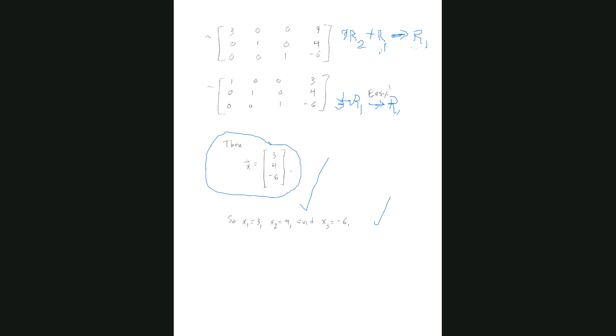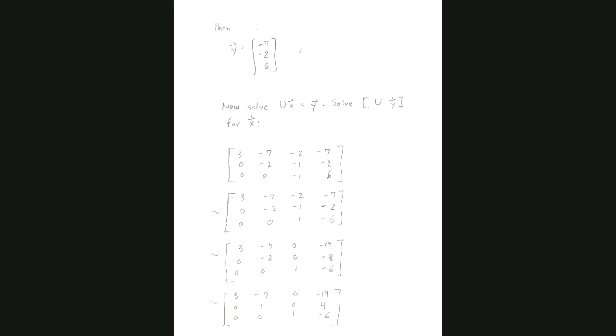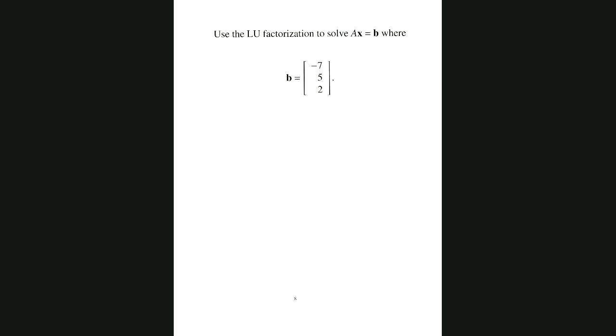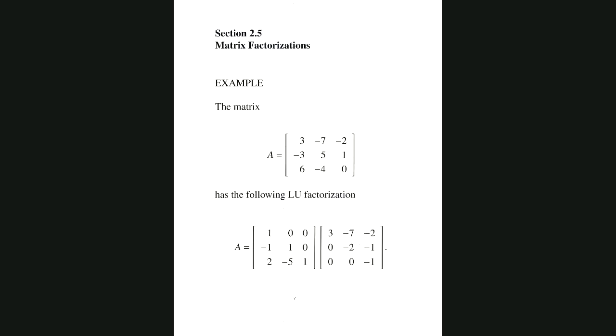So you're required to solve for the vector y first. That's right, Sega. This is how you would do it. But the question then is, how do we get this factorization? In the beginning, we were told that the matrix A had this LU factorization.